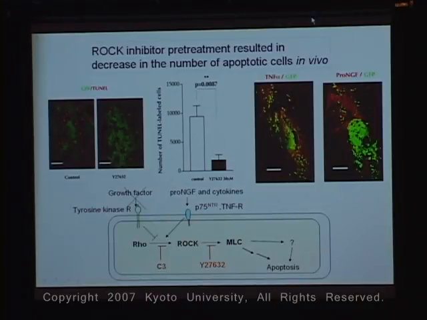These cytokines stimulate membrane-bound receptors such as p75 or TNF receptors, which stimulate the Rho-ROCK pathways. So another explanation for this decrease can be that the ROCK inhibitor suppresses these processes. Anyway, we hope the ROCK inhibitor helps to reduce apoptosis during cell transplantation.